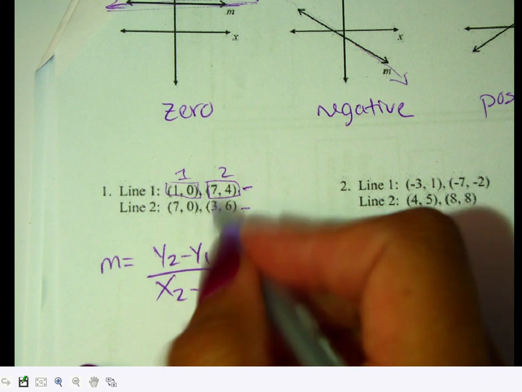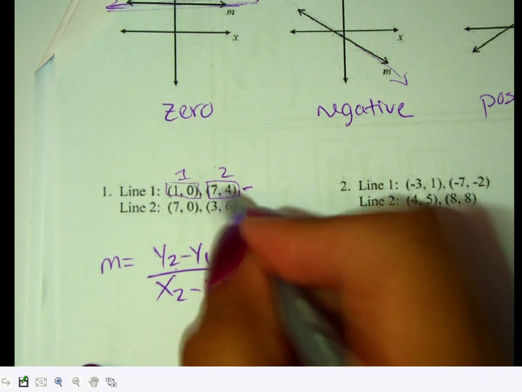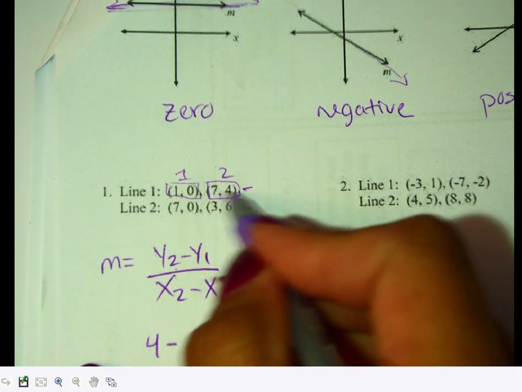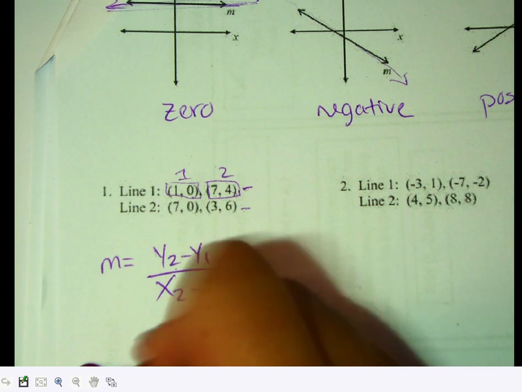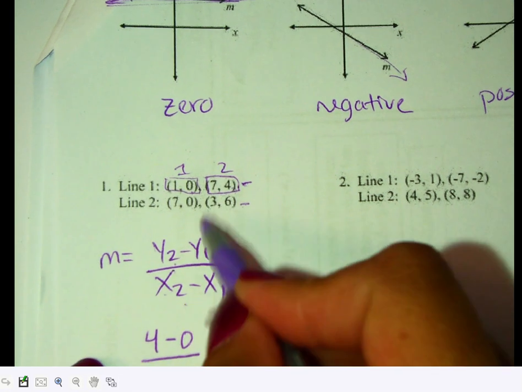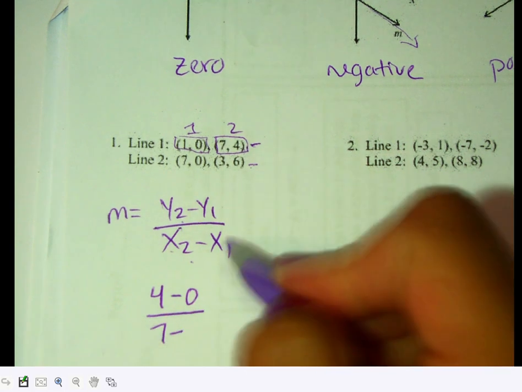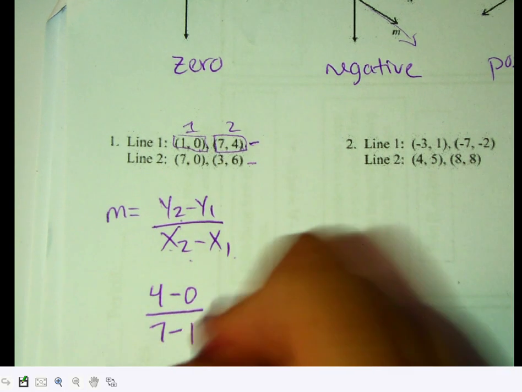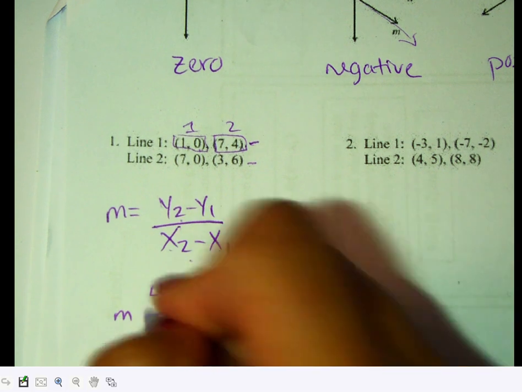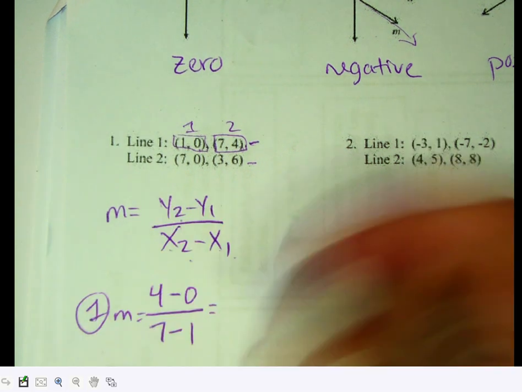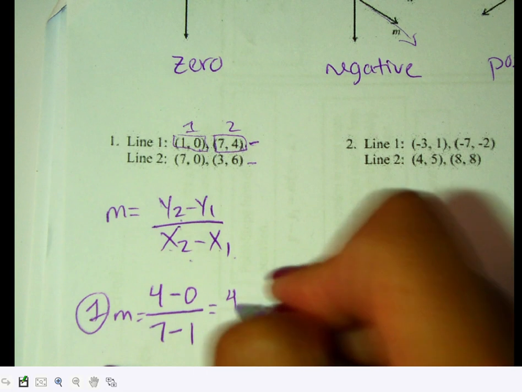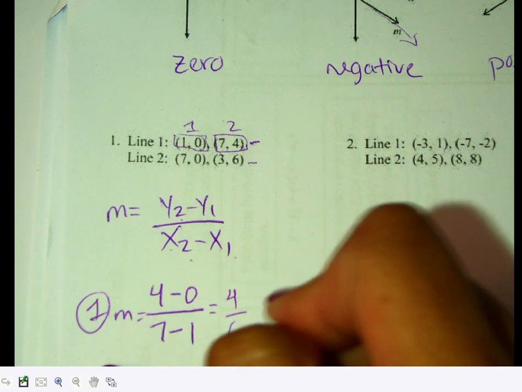For the first one, we have y2, which is 4, minus y1, which is 0, over x2, which is 7, minus x1, which is 1. This simplifies for line 1 as 4 minus 0, which is 4, over 7 minus 1, which is 6.